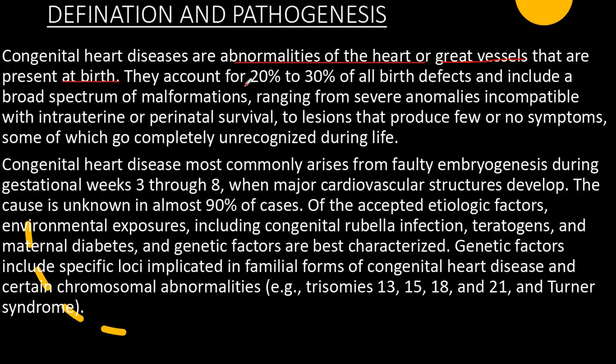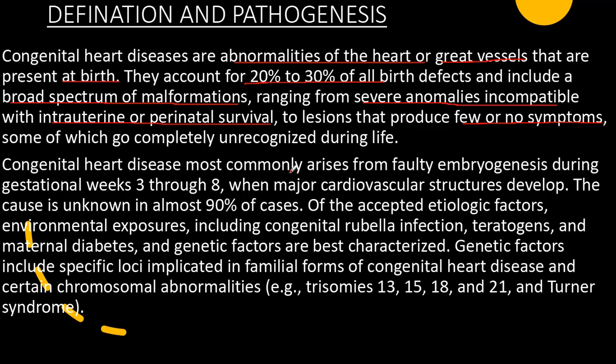They usually account for 20 to 30% of all birth defects, and they include a broad spectrum of malformations, which can range from severe anomalies, which are incompatible even with intrauterine or perinatal survival, to lesions that produce few or no symptoms. So they can range from asymptomatic to life-threatening conditions.